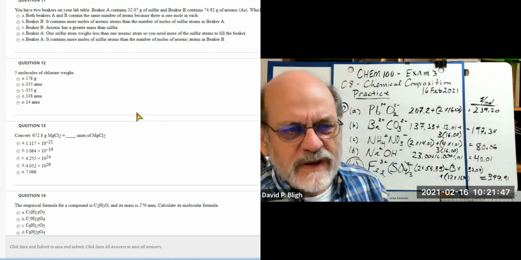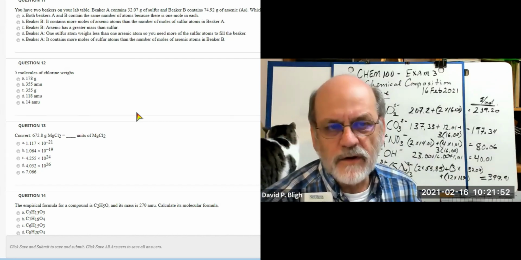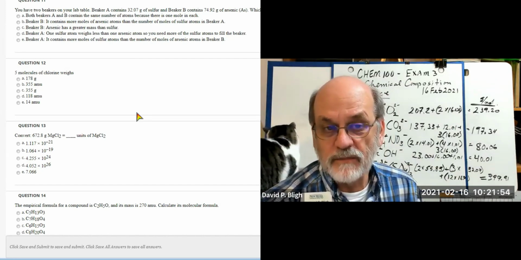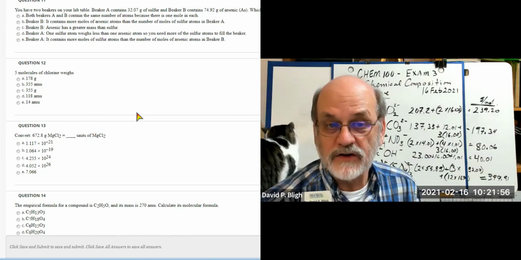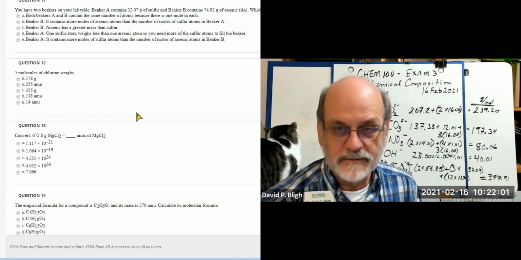All right, you have 2 beakers on your lab table. Beaker A contains 32.07 grams of sulfur, and beaker B contains 74.92 grams of arsenic. Which beaker contains more numbers of atoms?